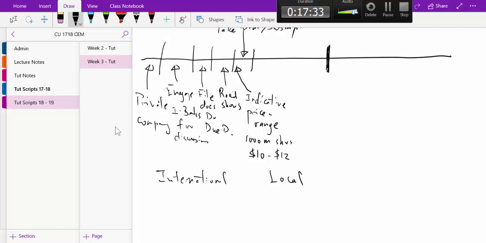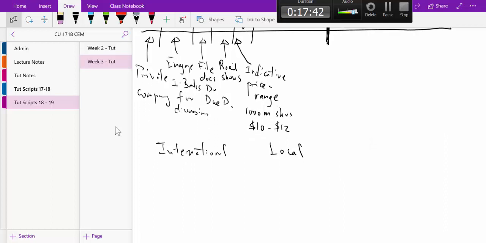In finance, you have so many different terms describing the same thing. I am going to give you another example here. So the international tranche versus the local tranche, sometimes it's called the institutional tranche versus retail.